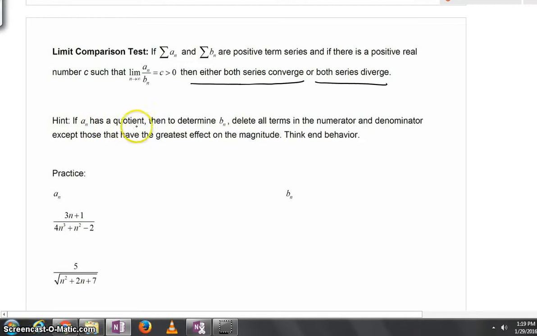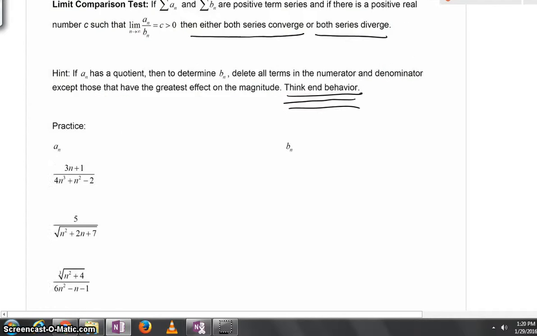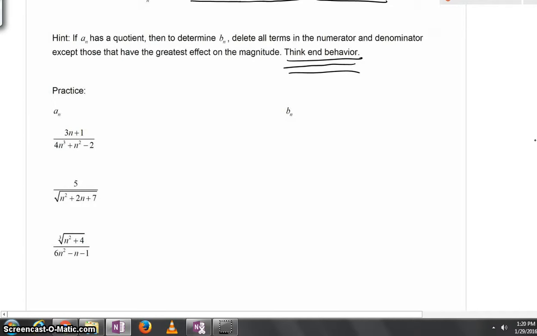If a sub n has a quotient, then to determine b sub n, delete all terms in the numerator and denominator except those that have the greatest effect on the magnitude. Think end behavior. Think end behavior. Look, as you look at some of these problems, you can see the complexity grow.